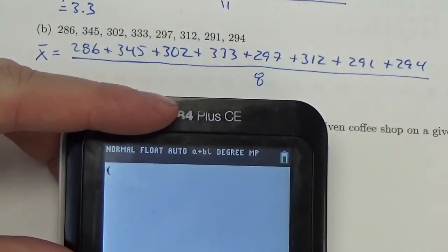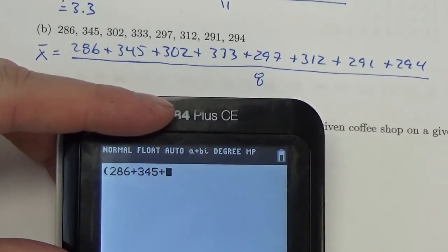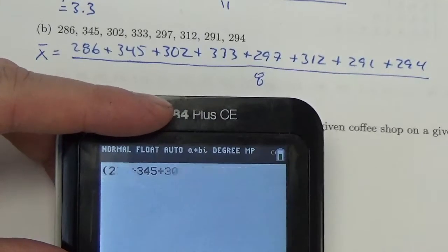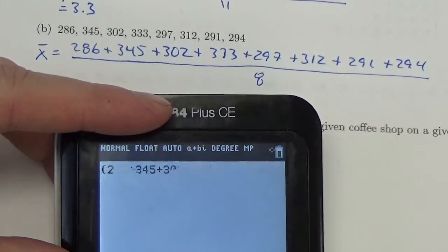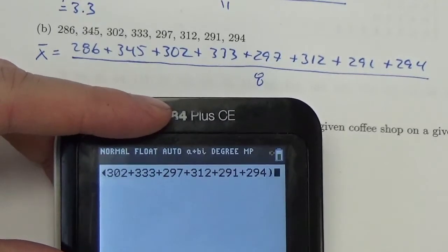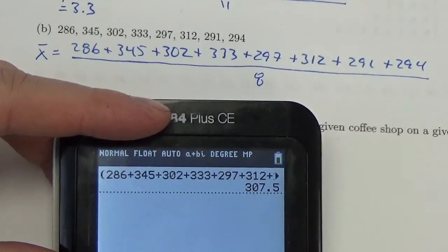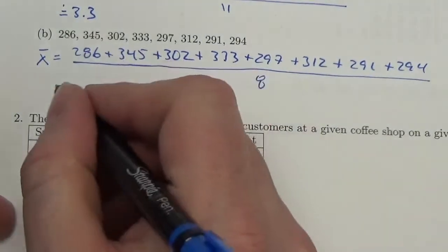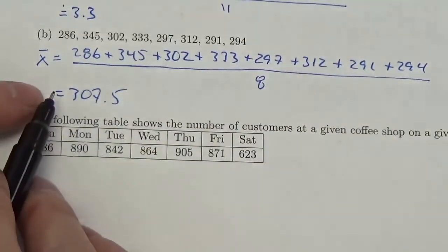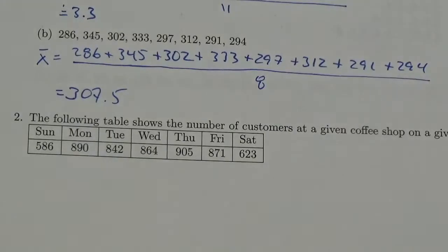So parentheses is going to be 286 plus 345 plus 302 plus 333 plus 297, plus 291, plus 294, close bracket, divide by 8, and 307.5. And this time I don't need to use an approximately symbol here because it was exactly 307.5.